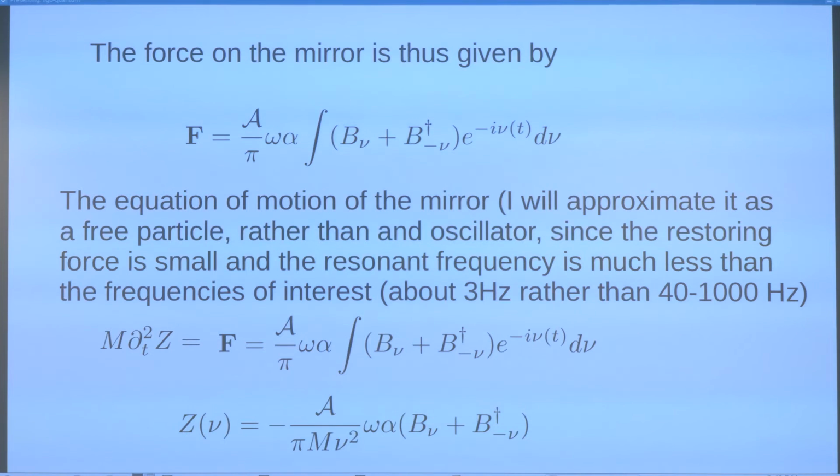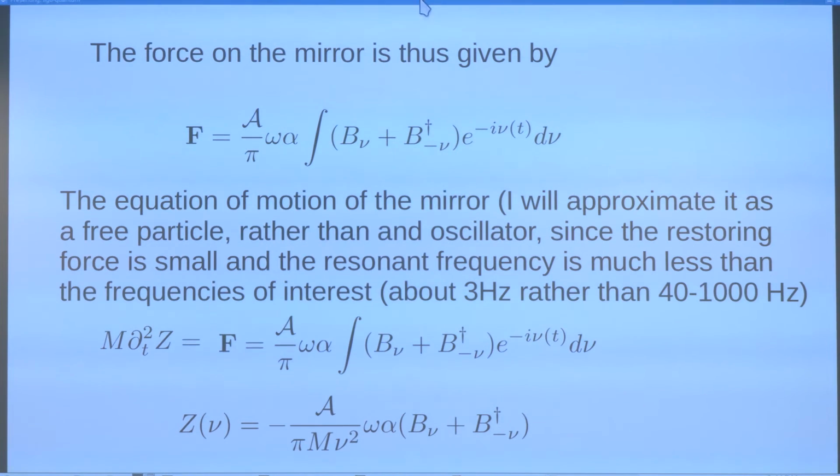The force on the mirror turns out to be proportional to B sub nu. That's the annihilation operator for the field plus a nu distance above the frequency omega, plus B dagger of minus nu. That's the dagger of the field that comes in with frequency omega, little omega minus nu.